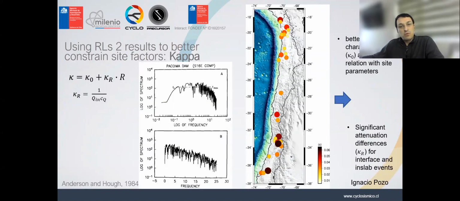The research by Ignacio Pozo is linking actually small strain with Kappa.